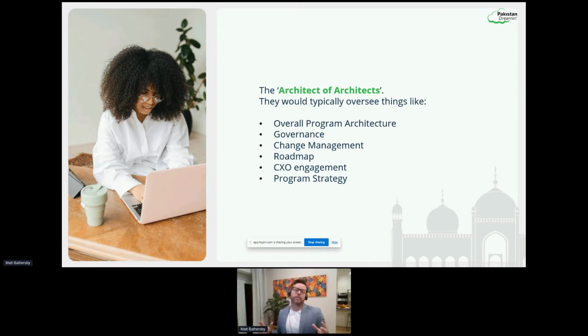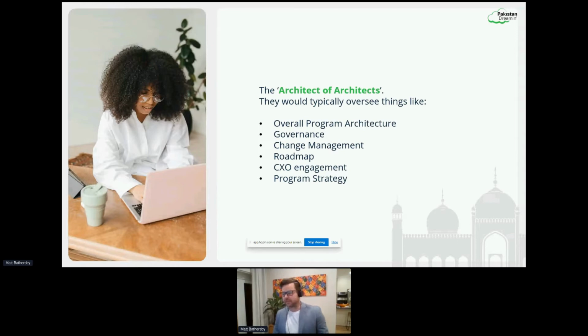So all of those things that the other architects are responsible for, the enterprise architect is responsible for at some level as well. They would also oversee things beyond just the technology. They'd oversee things like not just the architecture itself or those governance processes. They would typically be involved in some level in change management.